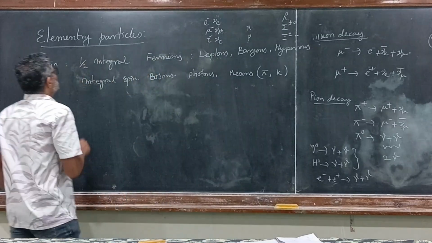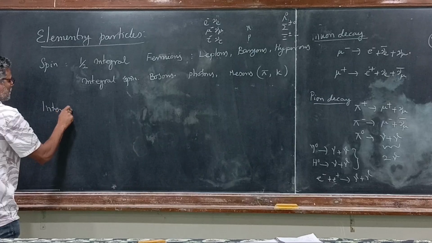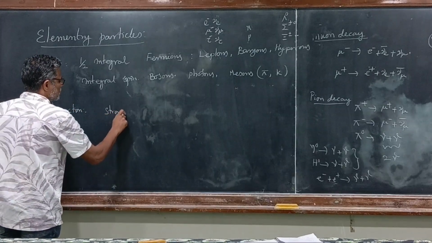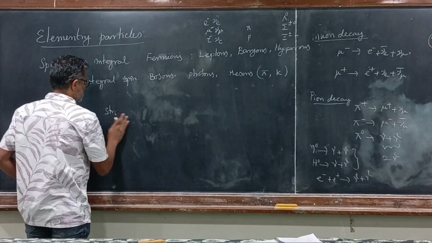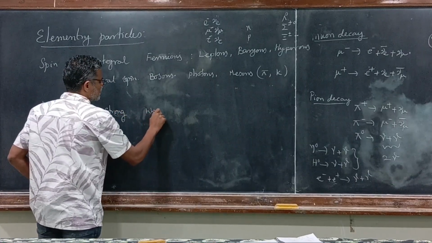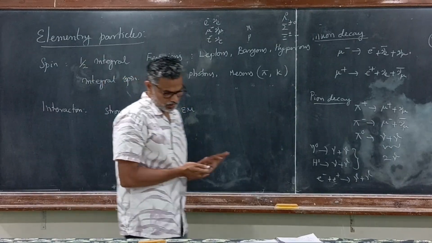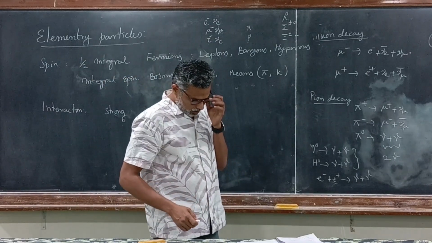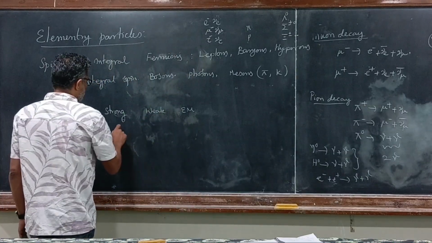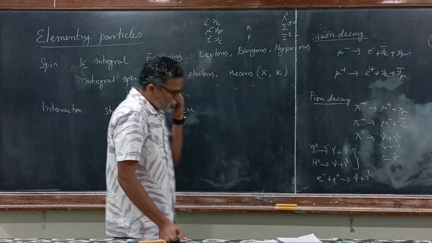And based on the interaction, let's say based on the spin, based on the interaction, so you have strong interaction, weak interaction, and electromagnetism. So these are three types of interactions. Okay. So the strong, electromagnetic, and weak, all three are satisfied by, let's say, the hadrons.